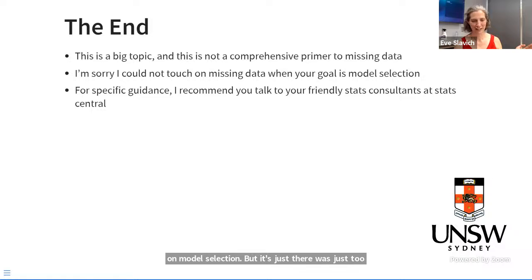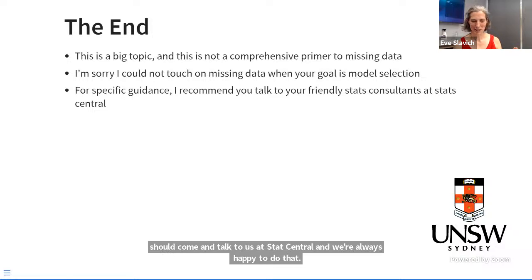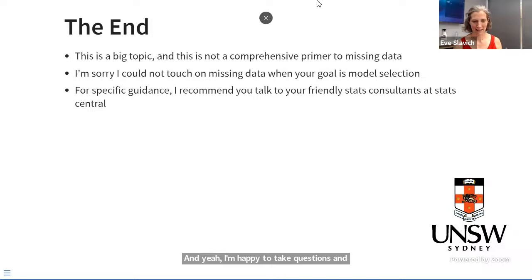For specific guidance on missing data, you should come and talk to us at Stat Central, and we're always happy to do that. And I'm happy to take questions, and I hope that this seminar has been helpful to get you introduced to the concepts around missing data.